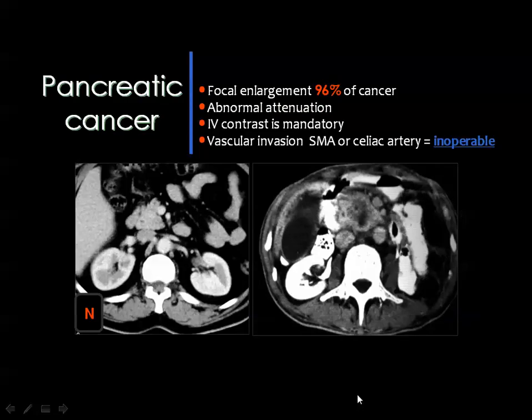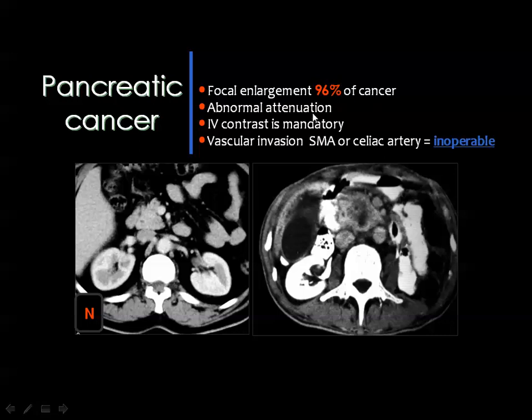And in this case you can compare the normal pancreatic head and the pancreatic head containing carcinoma. This head is relatively enlarged and it shows heterogeneous contrast enhancement with areas of breakdown inside. Then focal enlargement of a part of the pancreas is usually suggestive of a pancreatic cancer.